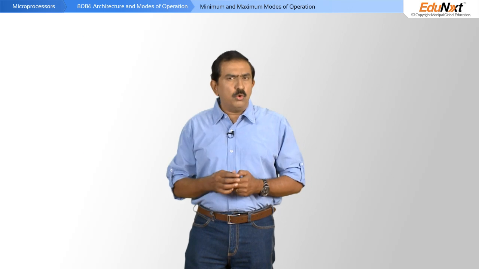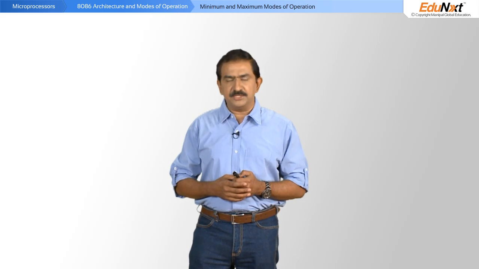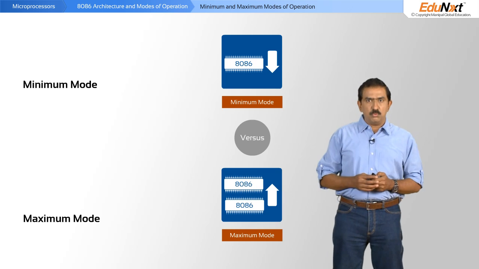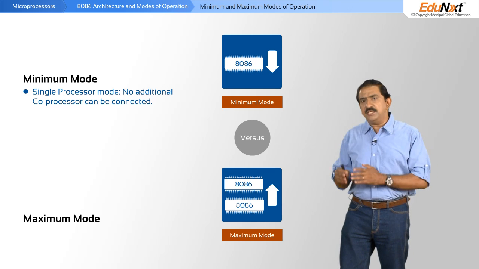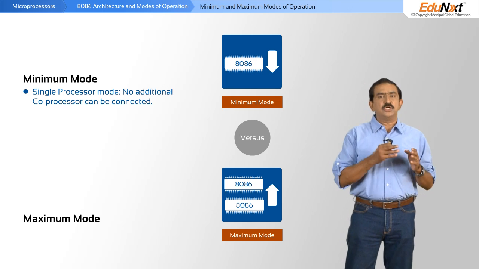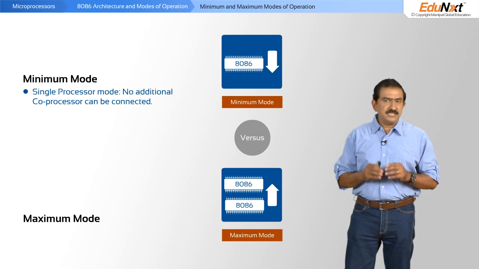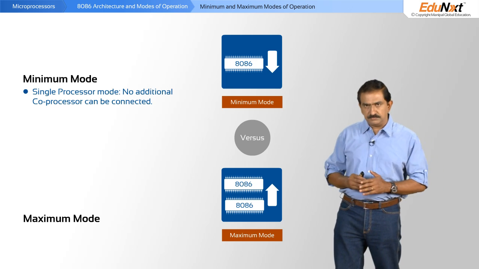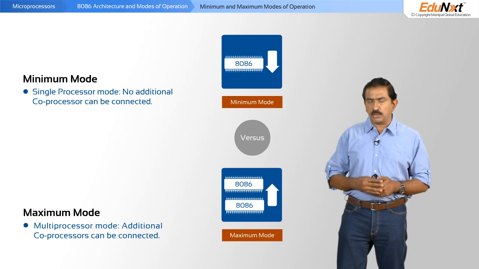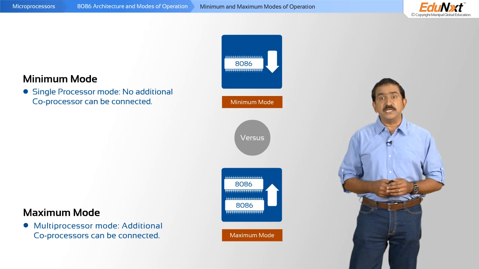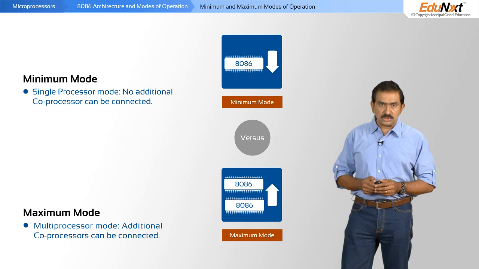Let's look at the 2 modes of operation that the 8086 provides to you as a designer. They are called the minimum mode and the maximum mode. In the minimum mode, you cannot add any other co-processor to your design. It is called a single processor system. Whereas in the maximum mode, you are allowed to add additional co-processors like, for example, the 8087 arithmetic co-processor.